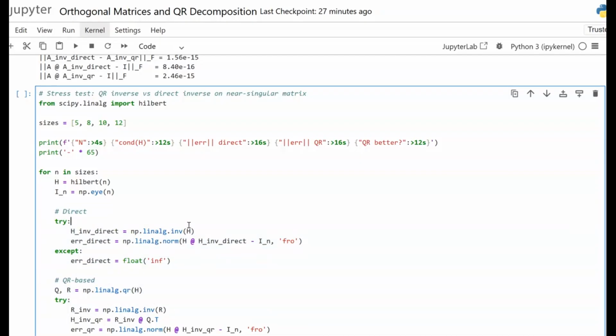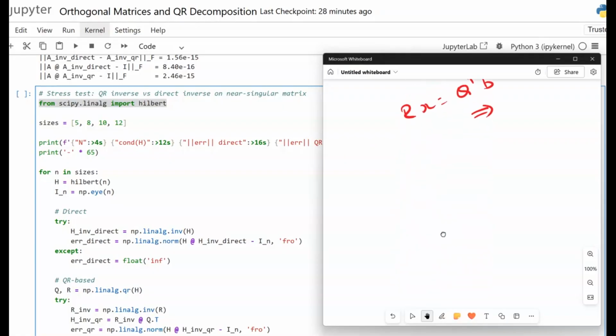Let me discuss this using Hilbert matrices, which are a canonical example of severely ill-conditioned matrices. Here we have included the import functionality for the Hilbert matrix, whose entries mathematically are H sub ij equal to 1 divided by i plus j minus 1.